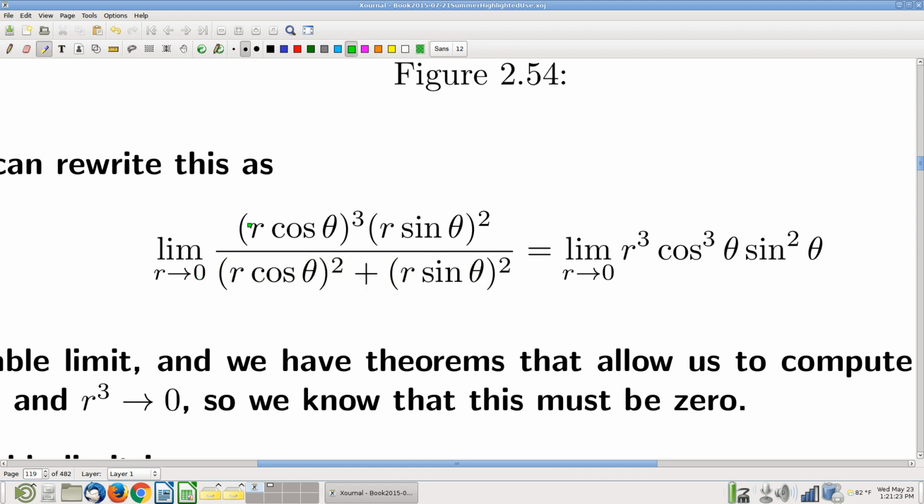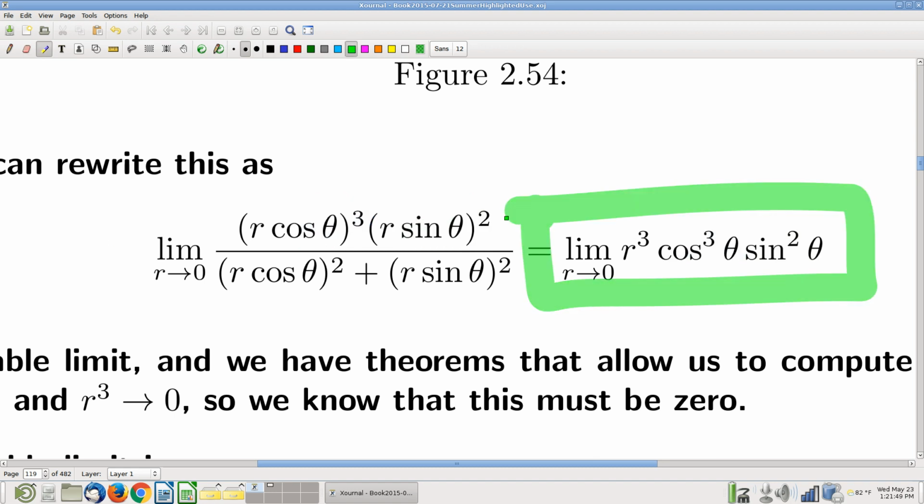We have a grand total of 5 factors of r up there, canceling the 2 factors of r in the denominator, thus leaving a leftover of r cubed. And then don't forget the cosine cubed sine squared. Right, so grand total then, this multivariable limit simplifies into this single variable limit.